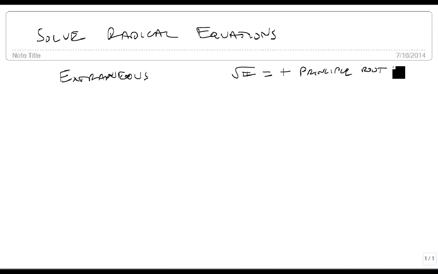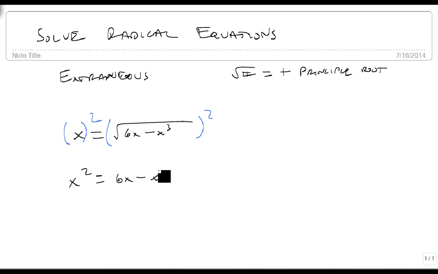So let's start with x equals the square root of 6x minus x cubed. So the first thing we're going to do is square both sides. This gives us x squared equals 6x minus x cubed. And since negative x cubed is our highest degree, I'm going to move that because I always like them positive.